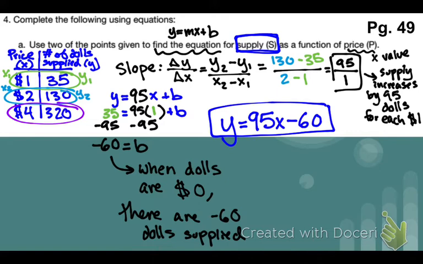What questions do we have about how we found this equation? We used our table from page 47. We used those x and y values. We found the slope with 2 points. And then we plugged in another point to find our y-intercept.